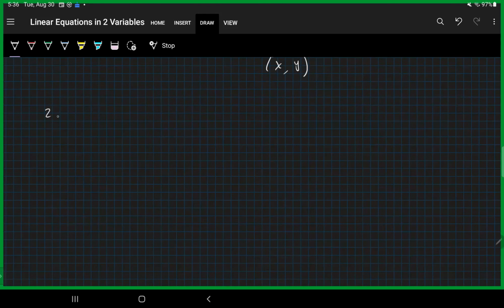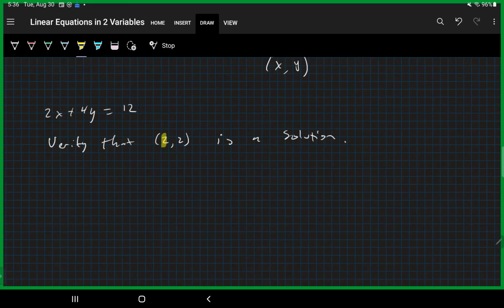Let's consider 2x plus 4y is 12. So we can verify that the point 2, 2 is a solution. So let's verify. My x value is 2 and my y value is 2.